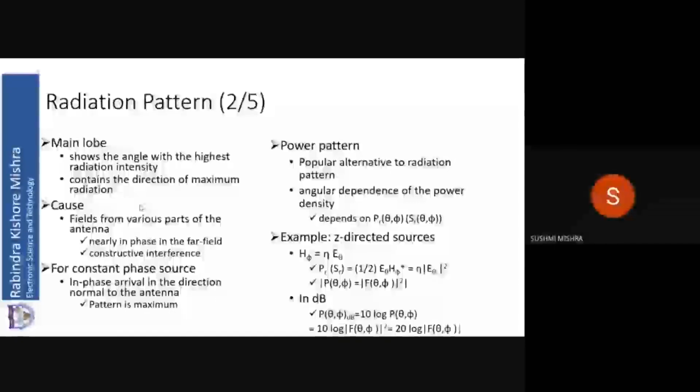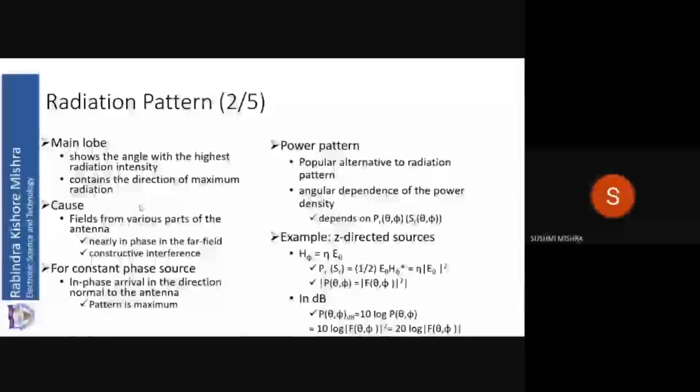Now P theta phi we just saw is equal to mod F theta phi square. So it will be 10 log of mod F theta phi square. You know log of B to the power n is equal to n times log B. So using that, 10 log mod F theta phi square is equal to 20 log mod F theta phi. Now you see we are in an excellent situation.